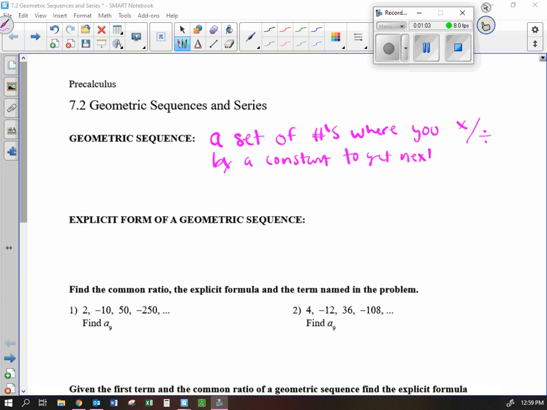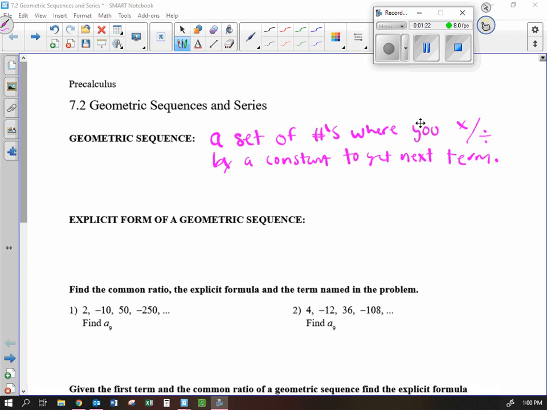The main difference between arithmetic and geometric is that in arithmetic we were adding and subtracting. Here we are now multiplying or dividing. So that is the main difference between the two in 7.2.